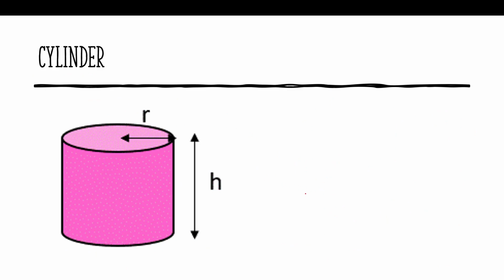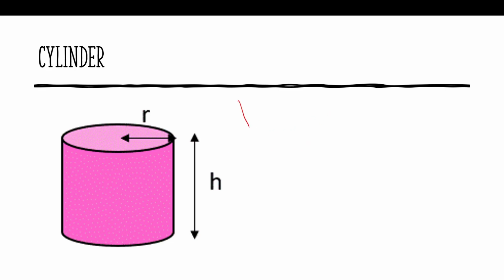So, next naman po ay cylinder. So, si cylinder ay related din kay rectangular prism. Kaya lang, instead na yung base ay square, nagiging pabilog kasi yung base niya, upper base and the lower base ay circular.